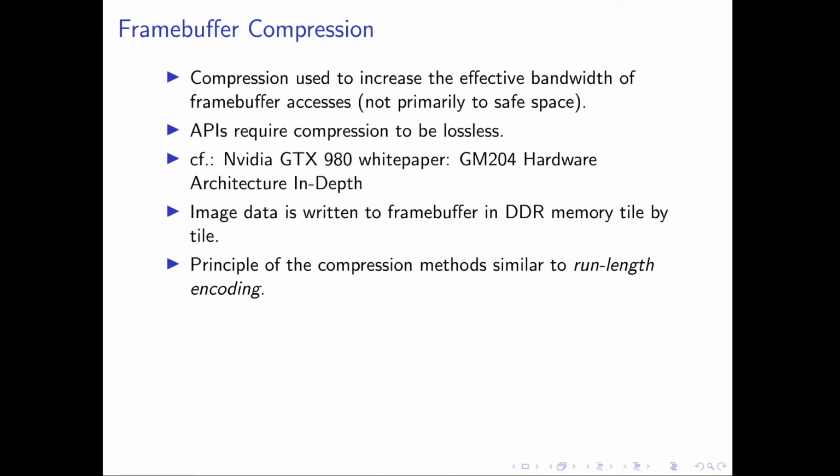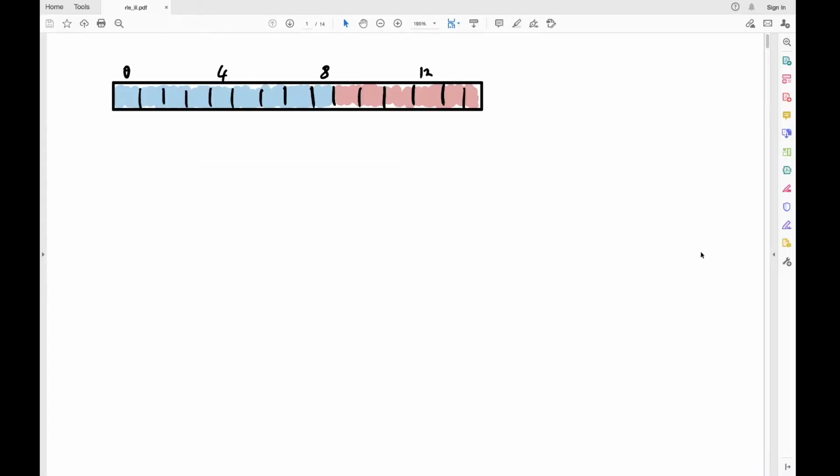We will start with a very simple technique called run length encoding, and the principle is fairly simple, actually. Suppose we have an array of colors, but this could actually be anything, like an array of characters or of integers. For the illustration, let us just assume they're colors.